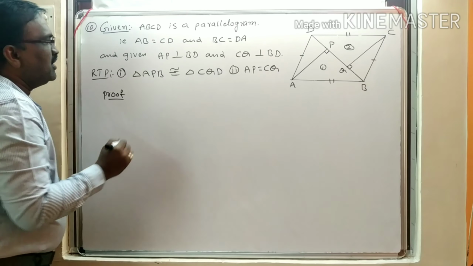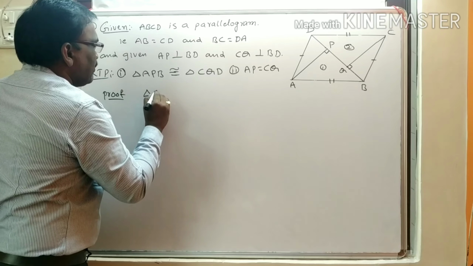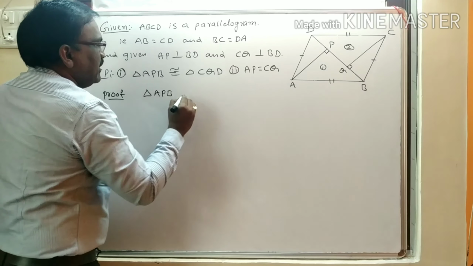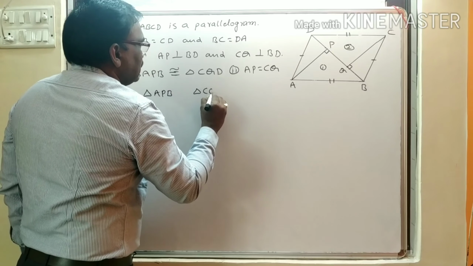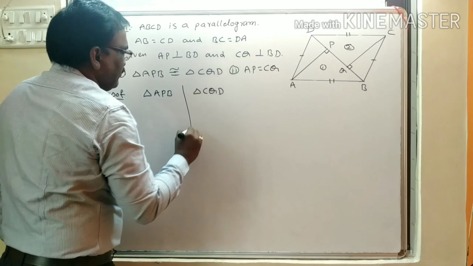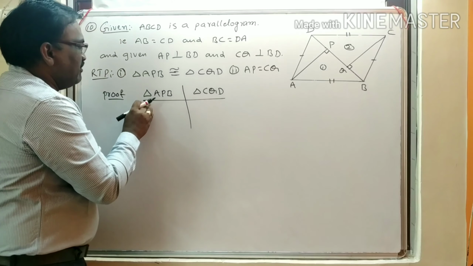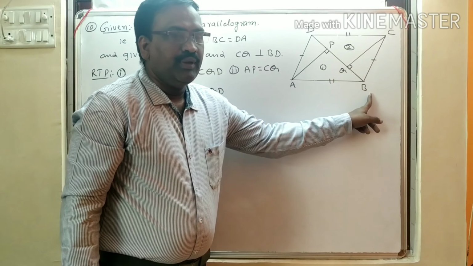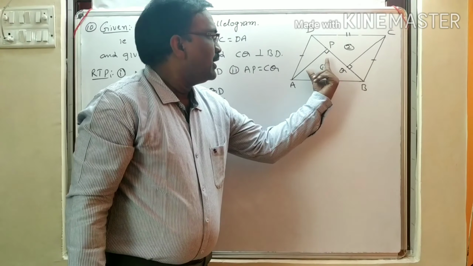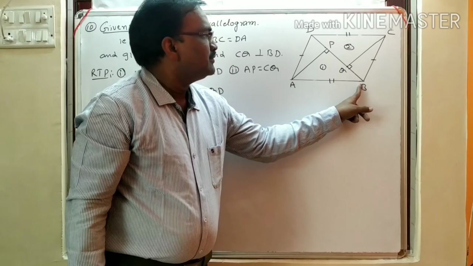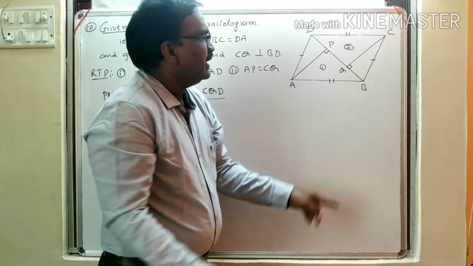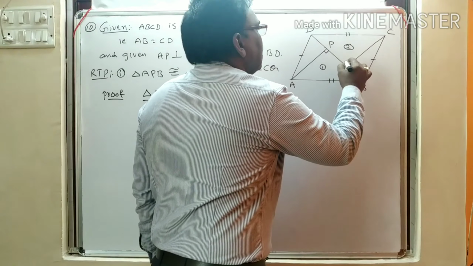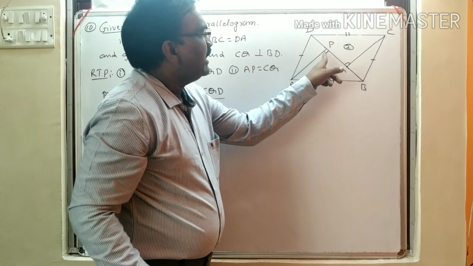Observe the triangles APB and triangle CQD. These, what are equal? AP perpendicular to BD, so angle APB and angle CQD, here 90 degrees, here also 90 degrees.